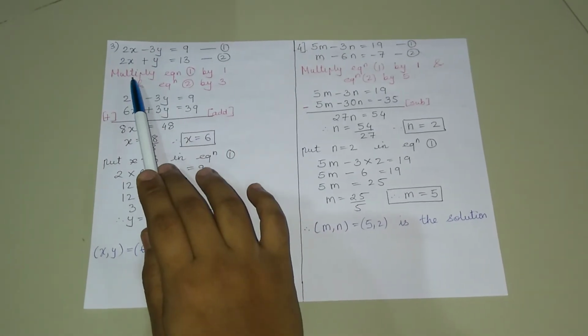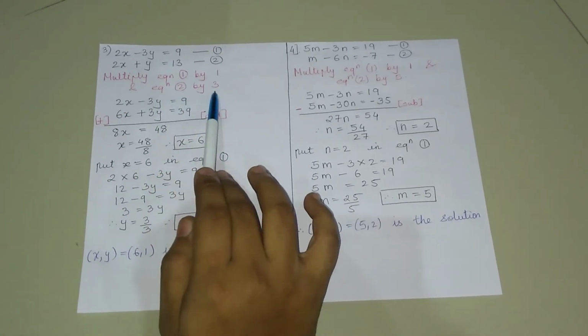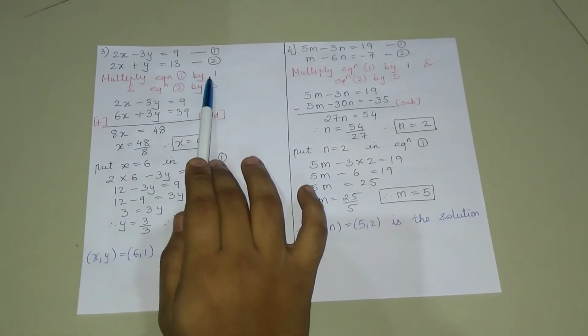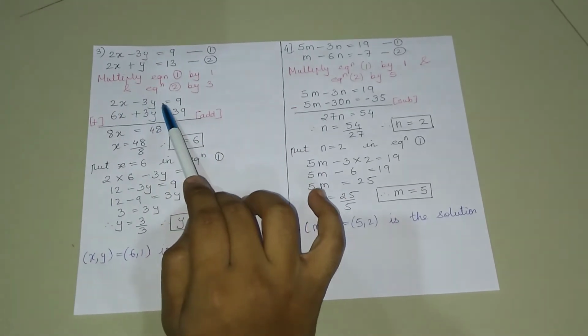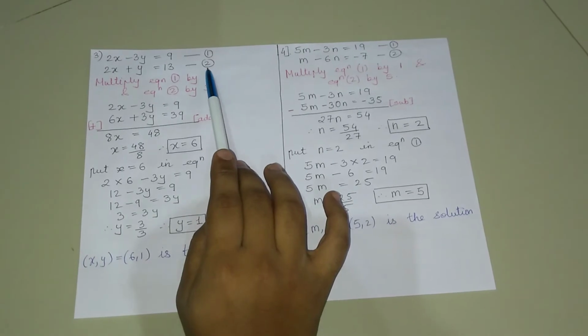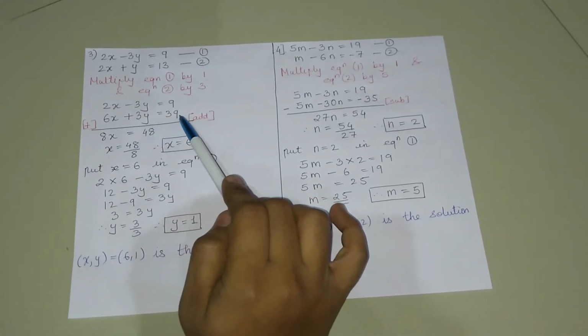We can multiply equation 1 by 1 and equation 2 by 3. When we multiply equation 1 by 1, it will be 2x minus 3y equal to 9, and if you multiply equation 2 by 3, it will turn to 6x plus 3y equal to 39.